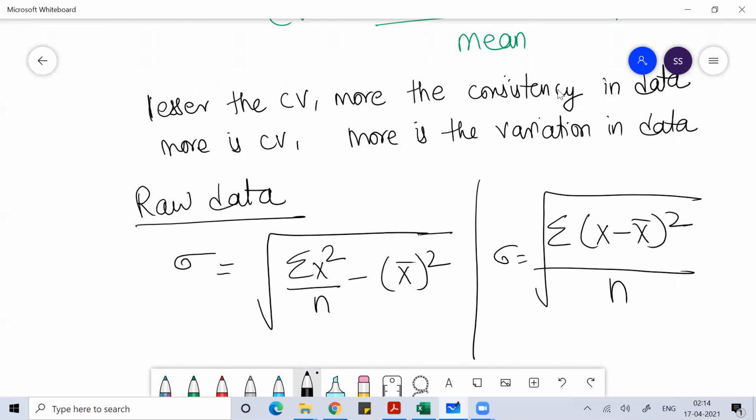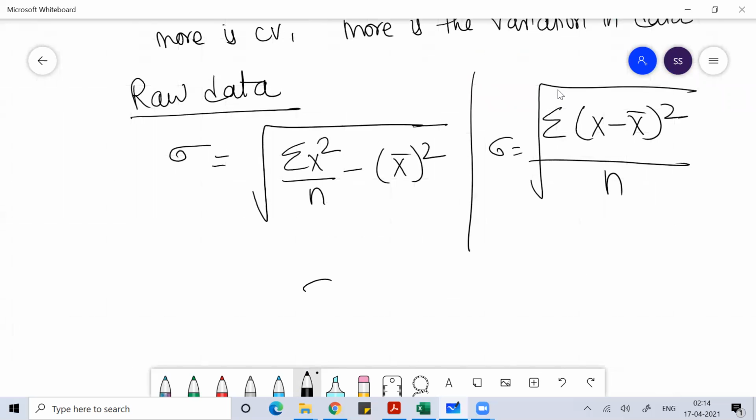You can use these formulas whenever you have raw data. This is the symbol we use for the standard deviation.